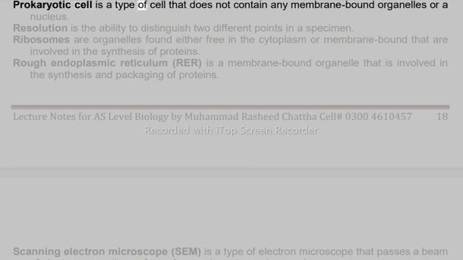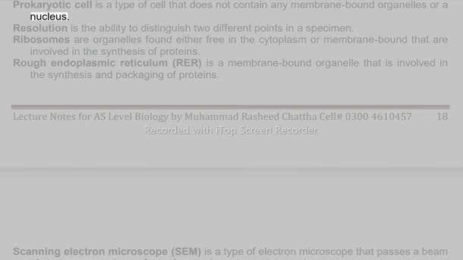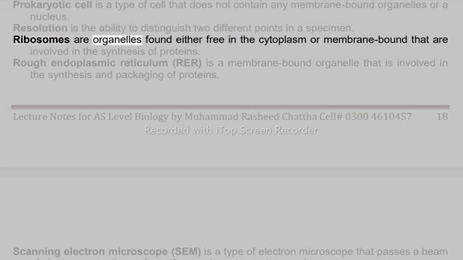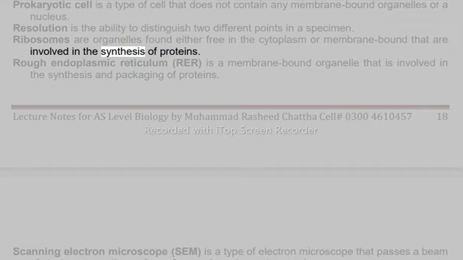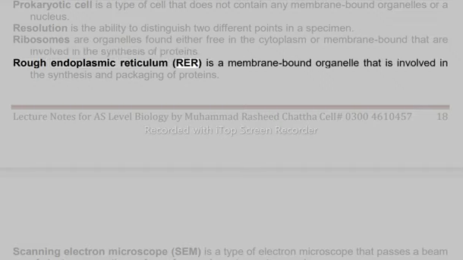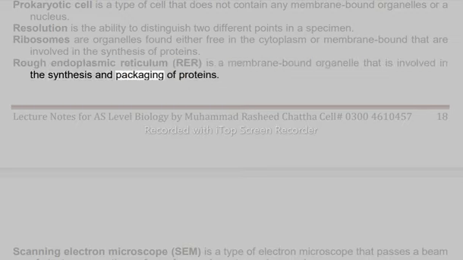Prokaryotic cell is a type of cell that does not contain any membrane-bound organelles or a nucleus. Resolution is the ability to distinguish two different points in a specimen. Ribosomes are organelles found either free in the cytoplasm or membrane-bound that are involved in the synthesis of proteins. Rough endoplasmic reticulum, RER, is a membrane-bound organelle that is involved in the synthesis and packaging of proteins.